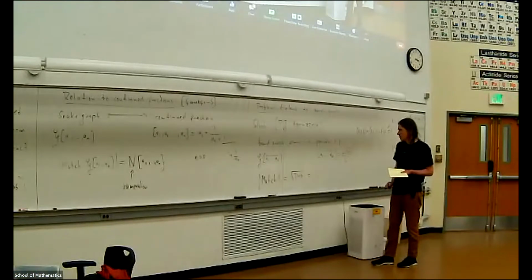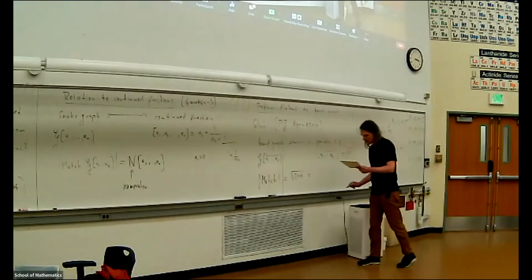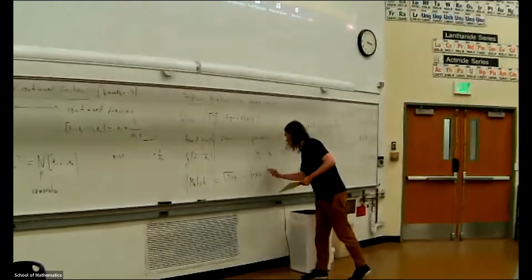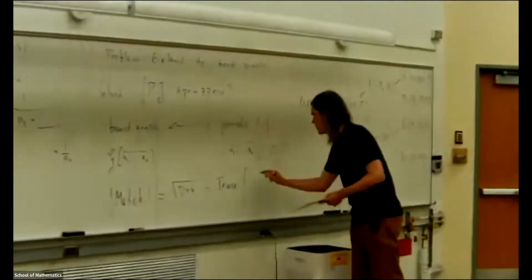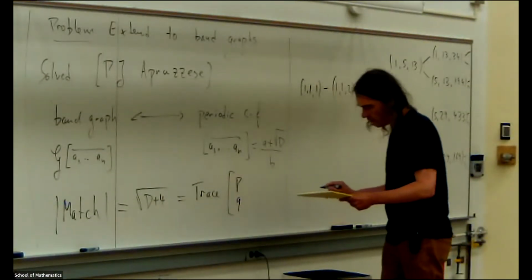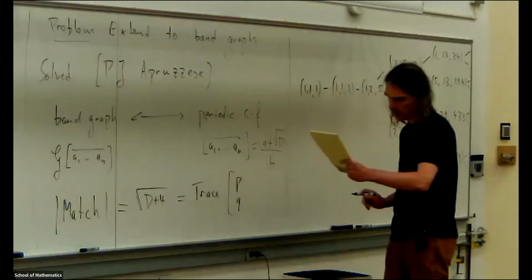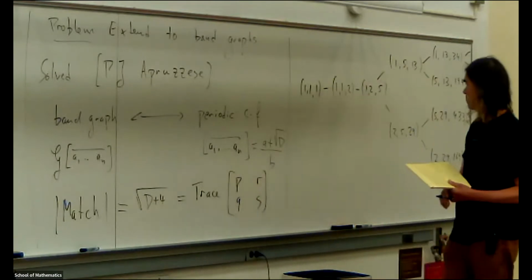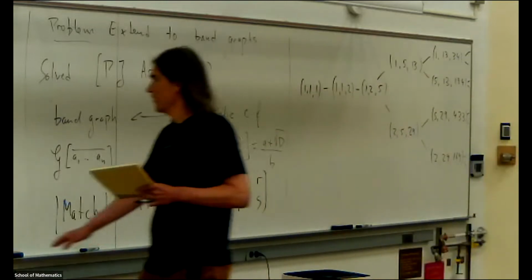And to make it exactly precise here, you can write it as a trace formula of a 2x2 matrix, which is the 2x2 matrix you usually associate to a continued fraction, PQRS.